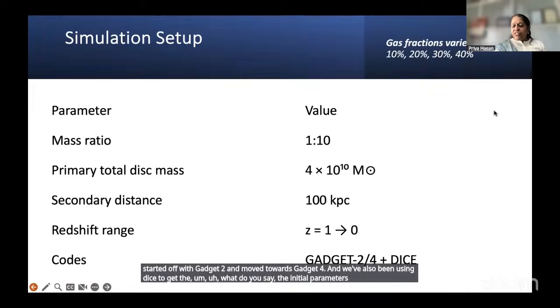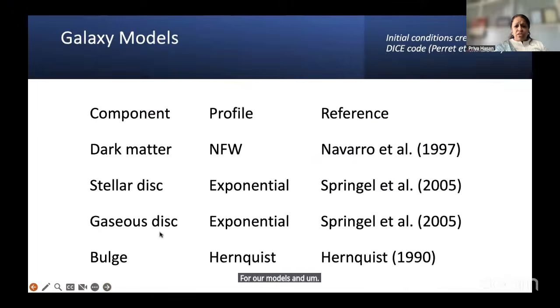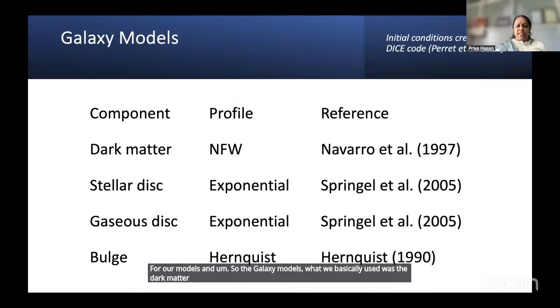The gas fraction we have varied from 0 to 40% for our models. For the galaxy models, the dark matter profile was taken to be NFW, the stellar disk was exponential, the gaseous disk also exponential, while the bulge was the Hernquist model.